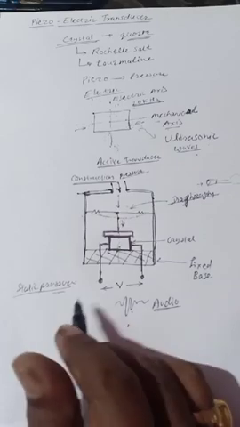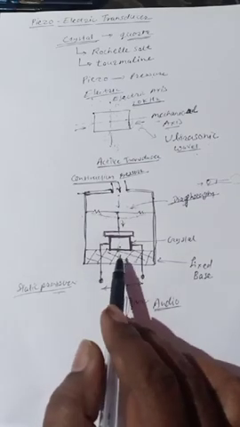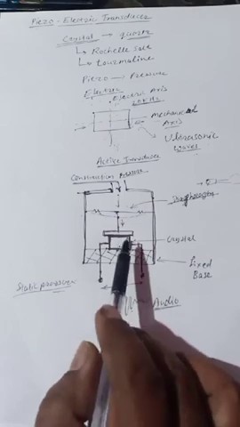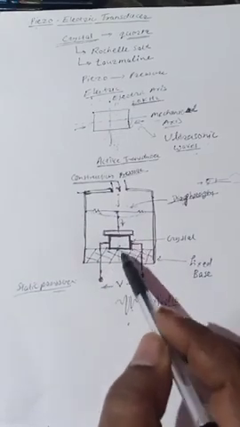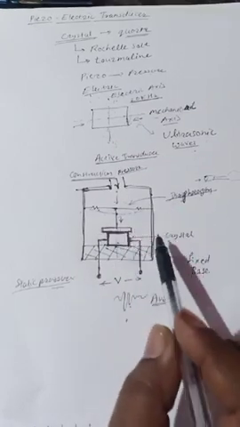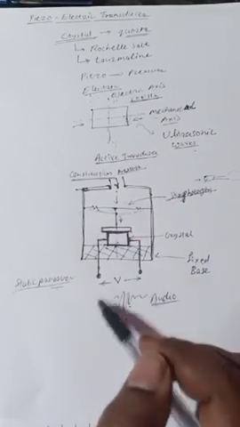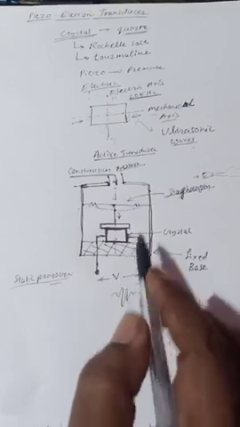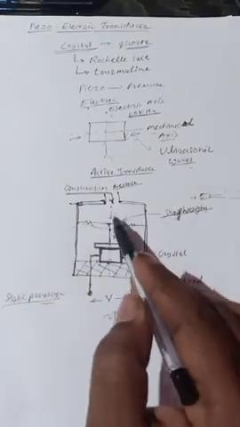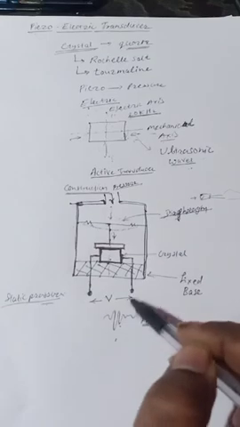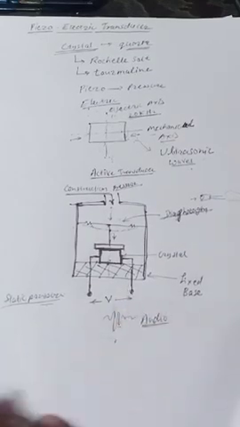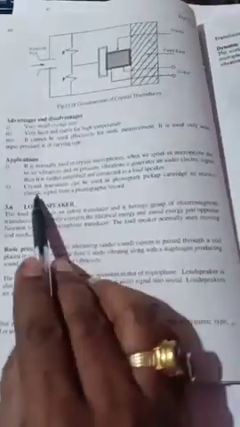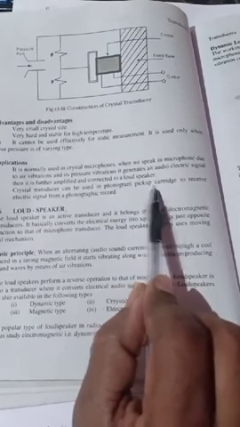Okay. So in application, we very well know that it is just used as a mic. It can be used as a mic in microphones, and it can also be used to convert any type of mechanical pressure into an electrical signal. Okay, so this is the application. So in your book, there is written the phonograph pickup cartridge.